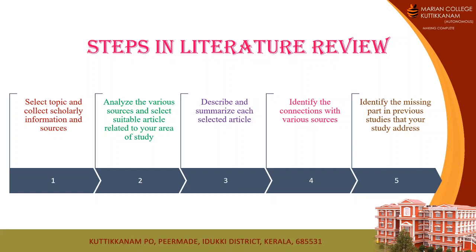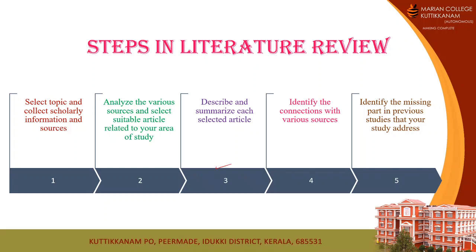These are some of the steps which will guide you to conduct a literature review in an effective manner. The steps are: first of all, you need to select a topic and collect scholarly information and sources. Then after that, you need to analyze the various sources and select suitable article related to your area of study.